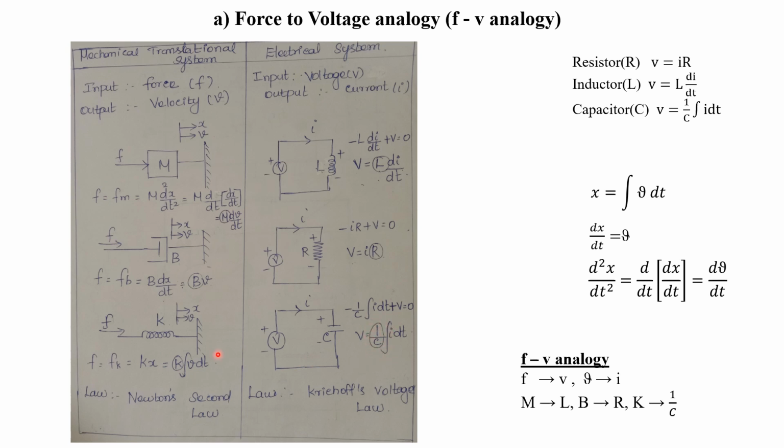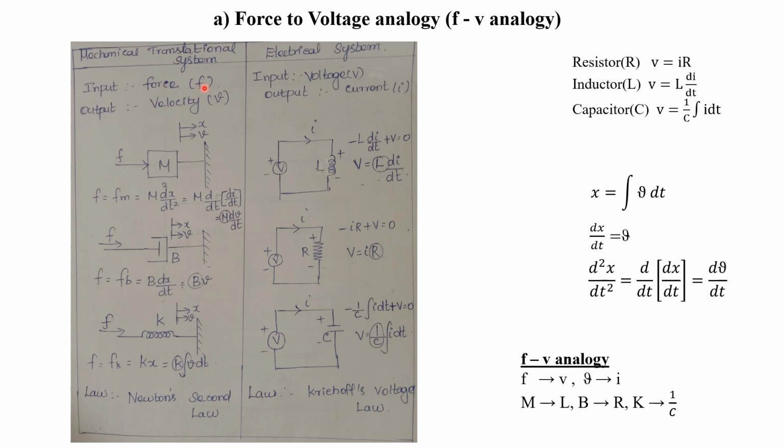Now in the mechanical translational system we used Newton's second law. Here we use Kirchhoff's voltage law. So from all these points, we can write the formula for the force to voltage analogy.